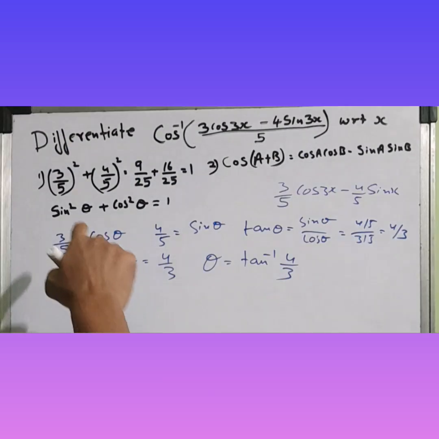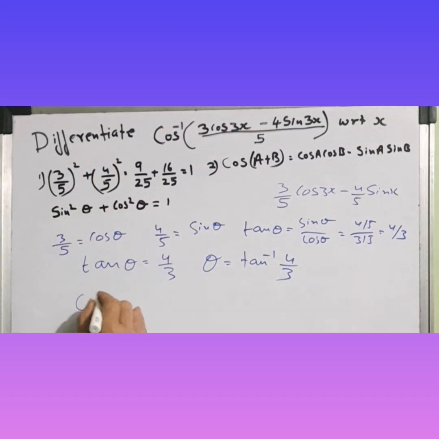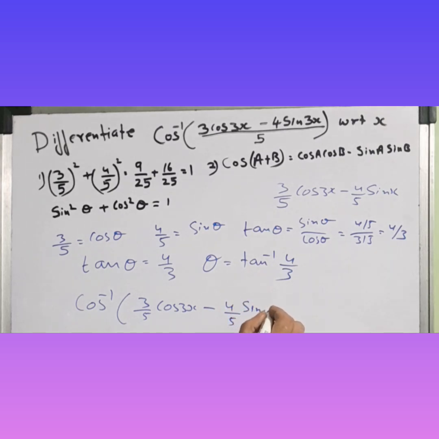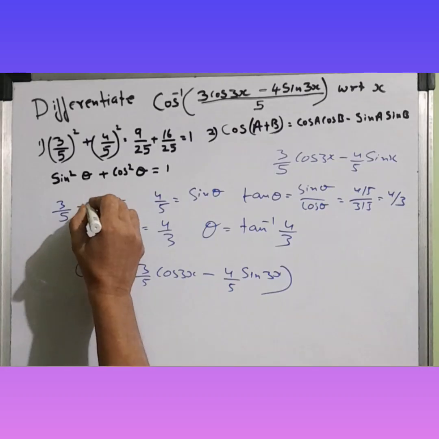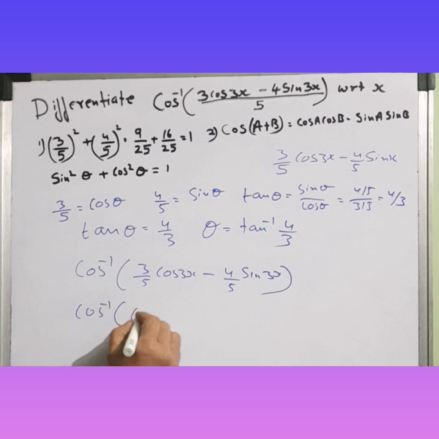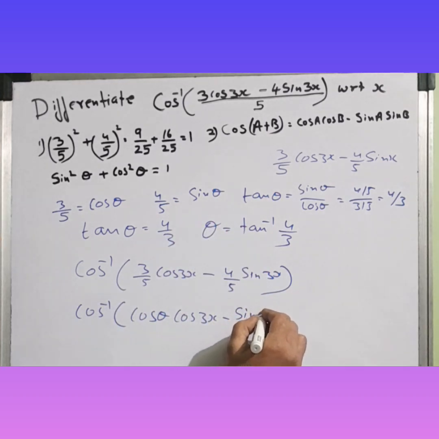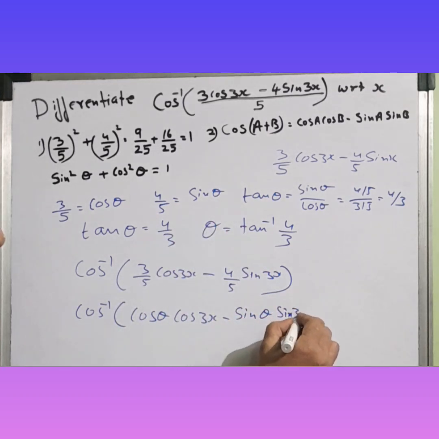Now here, let's get back to our sum. So let me reorganize the sum. It is cos inverse of 3 by 5 cos 3x minus 4 by 5 sine 3x. Alright, so instead of 3 by 5, we can write cos theta, so cos inverse of cos theta cos 3x minus, instead of 4 by 5 I can write sine theta sine 3x.